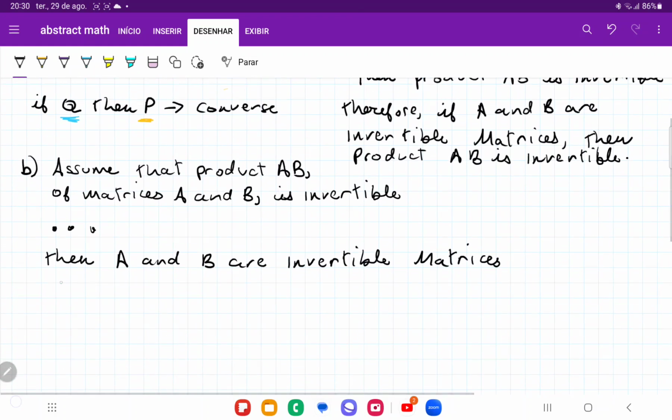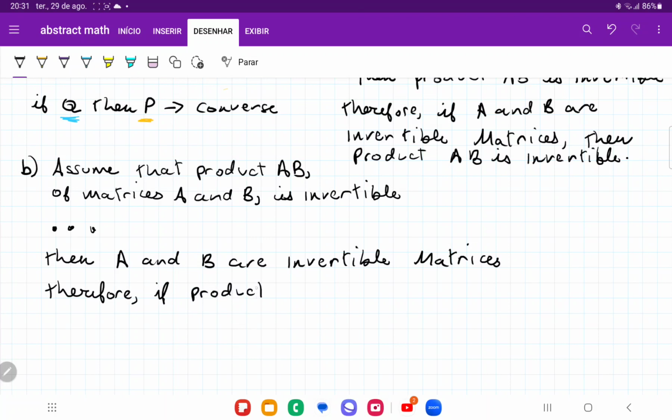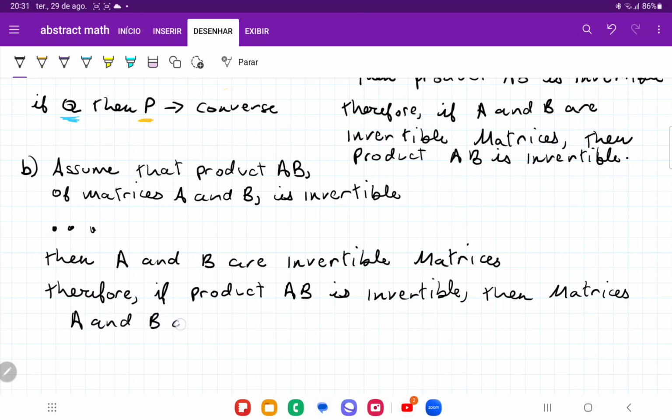And so it would say, therefore, if product AB is invertible, then matrices A and B are invertible.